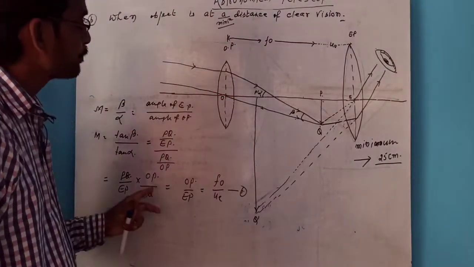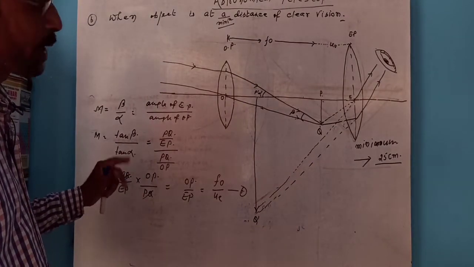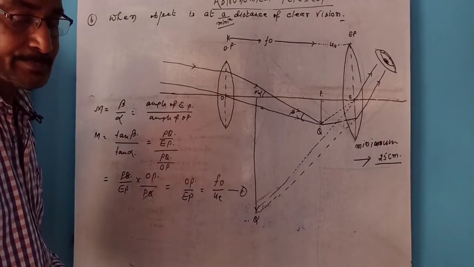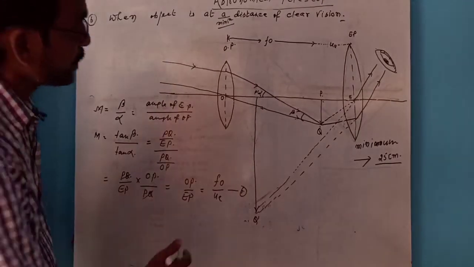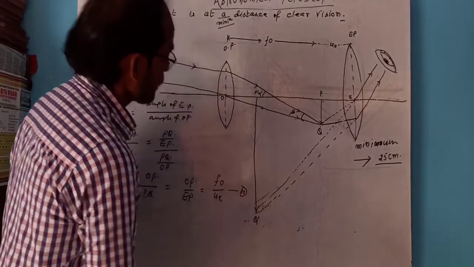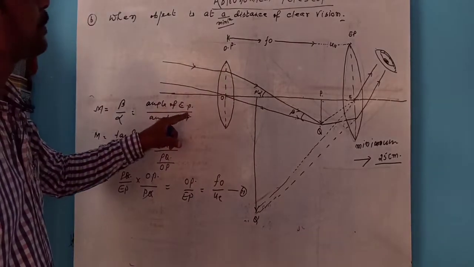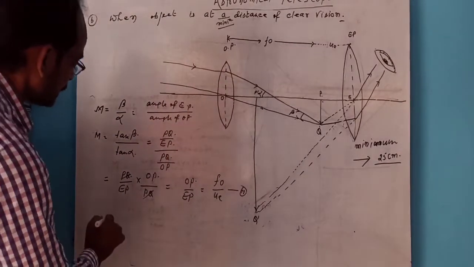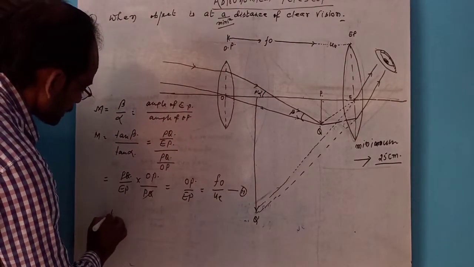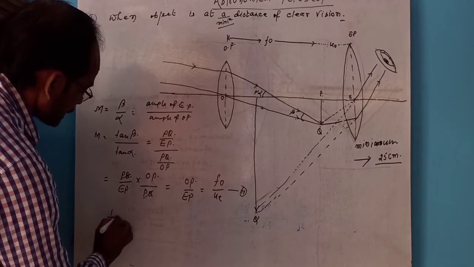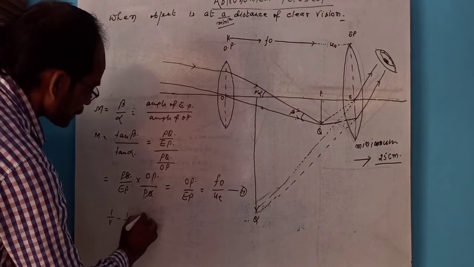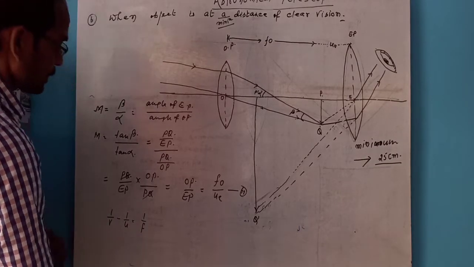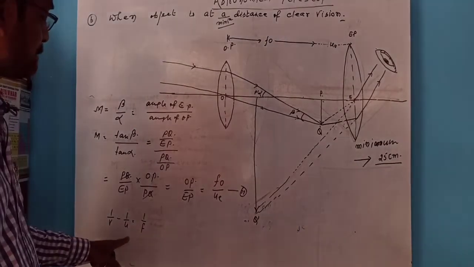This is the second equation. According to the formula of lens, we have 1 by V minus 1 by U equal to 1 by F. This is the lens formula.